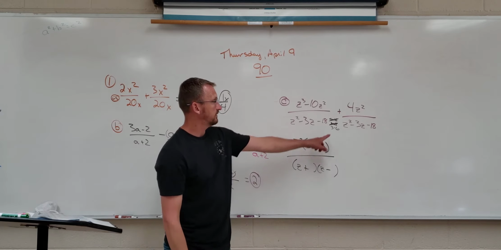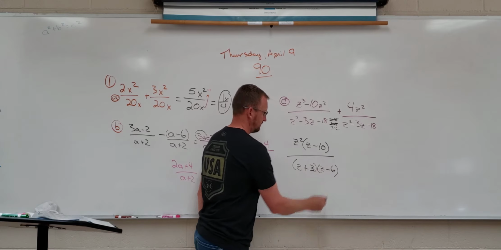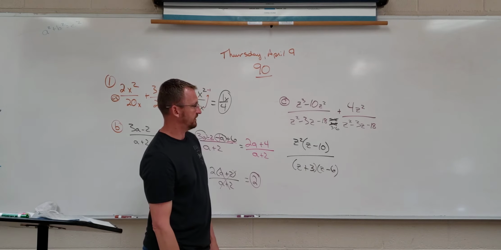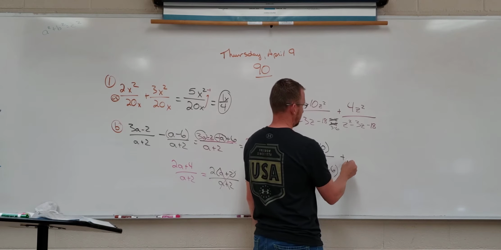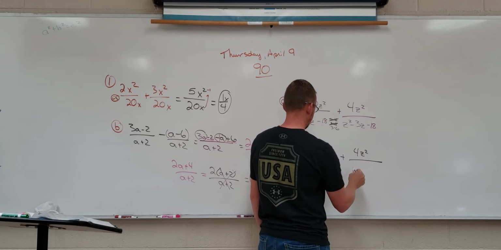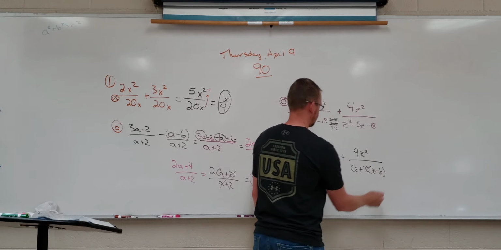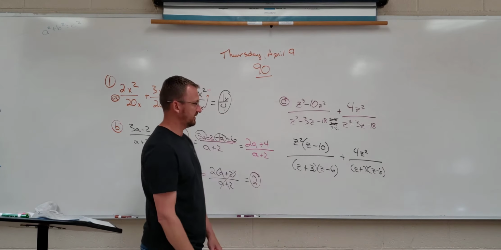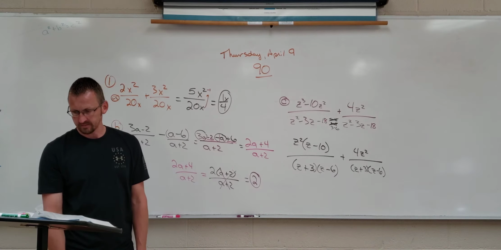However, 3 minus 6 will give me a negative 3. So that is my denominator, plus, stay with the 4z squared here, over z plus 3 and z minus 6. Common denominators, we can simply add those.